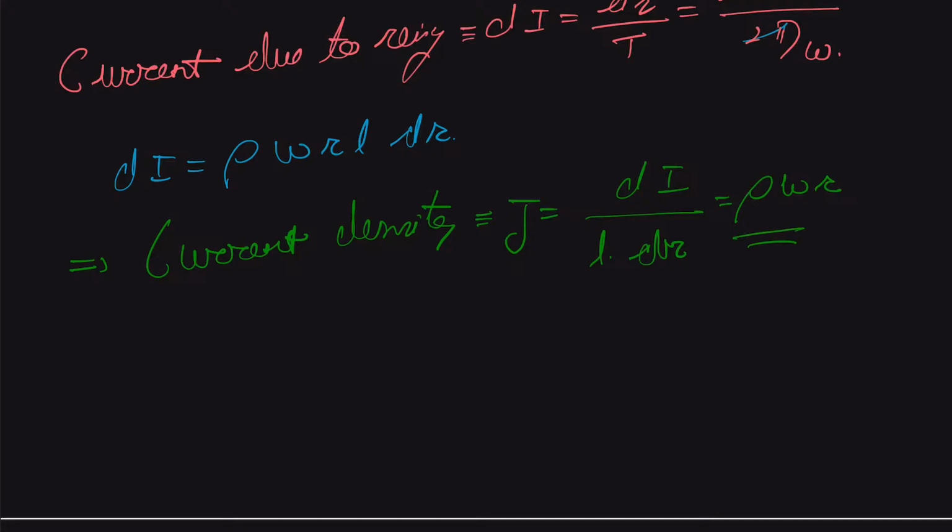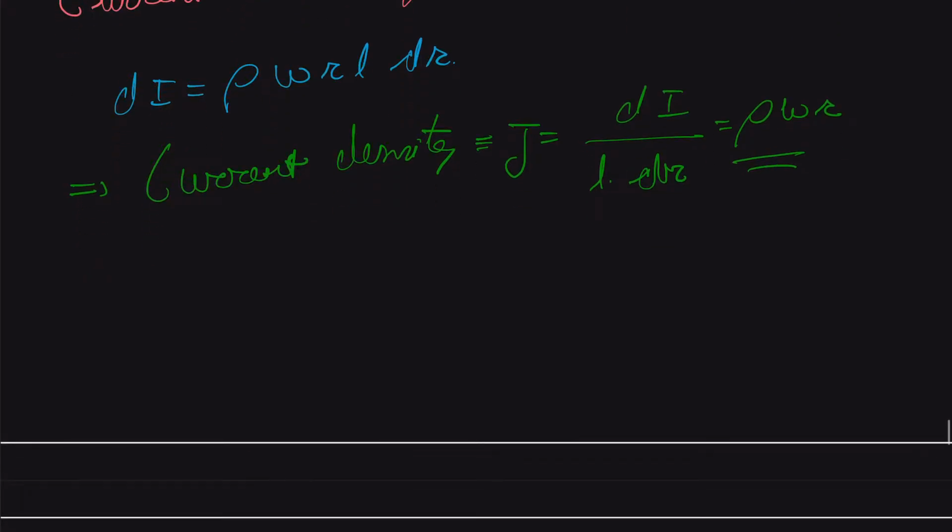And we can use our Ampere's law, which states that for a closed surface, the line integral of magnetic field B dot dl is equal to mu naught times the current enclosed. That is our Ampere's law for a rectangular loop, a closed surface. Because here we are having a cylinder, we can consider a surface which is somewhat like a rectangle.